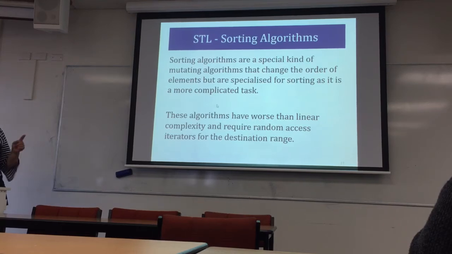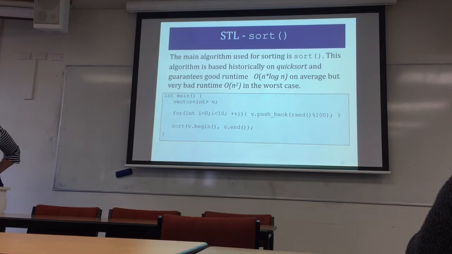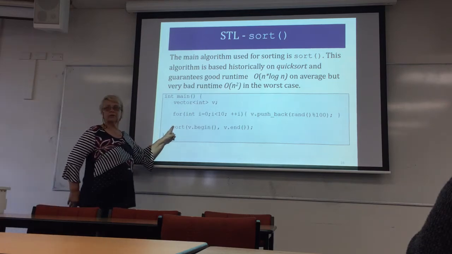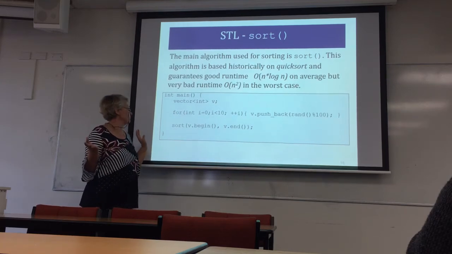And because it has to shuffle the element, it needs random access. Therefore, only the three containers, C arrays, vectors, and deques are working with sort. It's very easy to use.